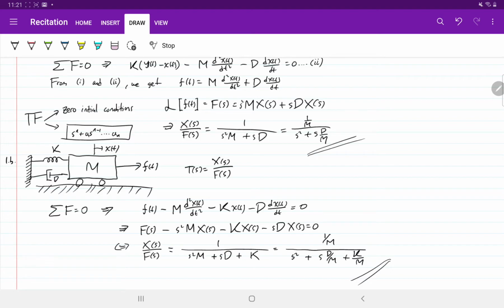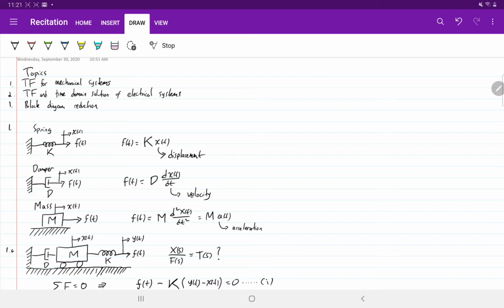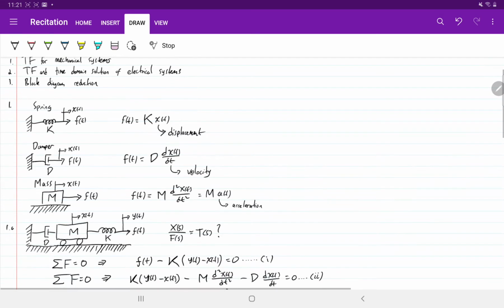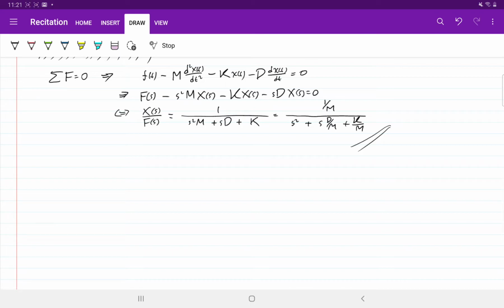Next, we will move on to the second topic, which is about electrical systems. We have a resistor with resistance R. So what's the relation between the voltage and the current?